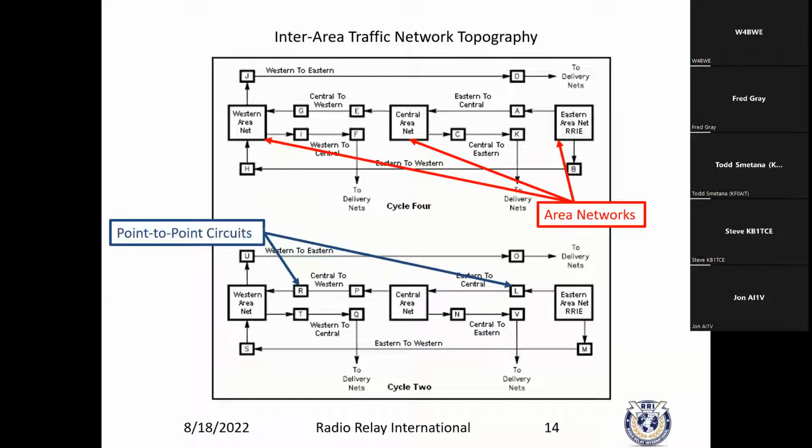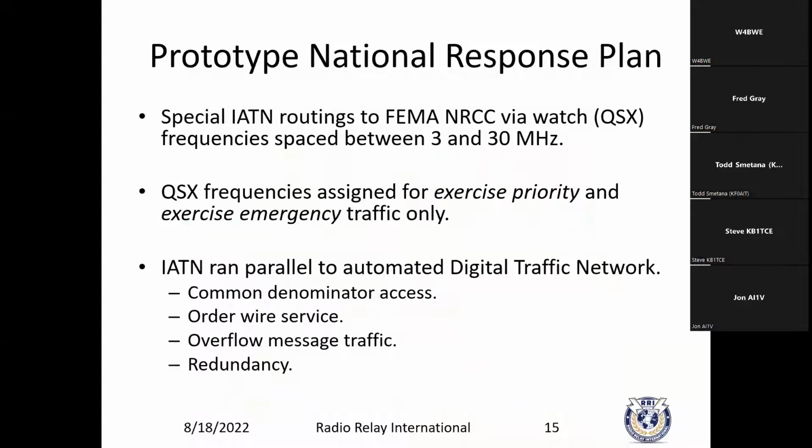So these served a special purpose somewhat different than what they do day to day, but the fundamental skills and capabilities of the operators, and the frequencies used, were very much in conformance with day-to-day operations. Only the task changed. So that was one of the changes that we made within the prototype national response plan.